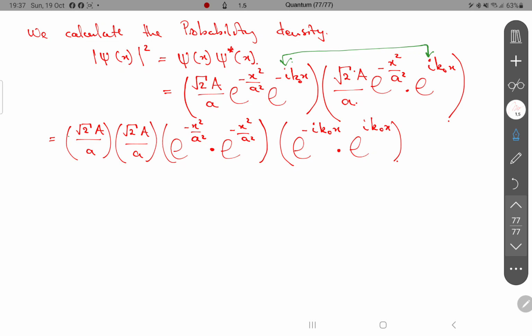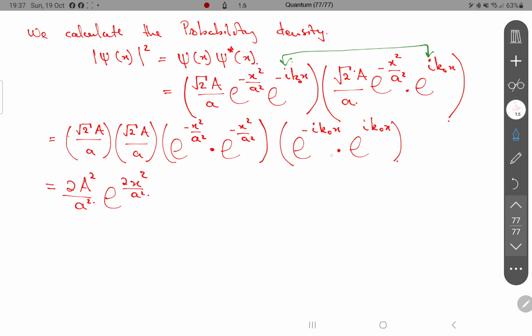The square root of that and the square root of that give a 2a over a. The exponentials are identical, so we definitely have e to the negative 2x squared over a squared.